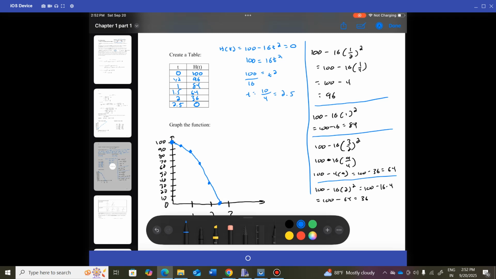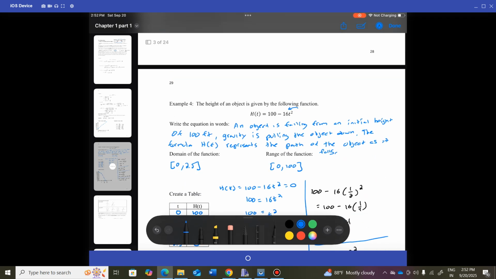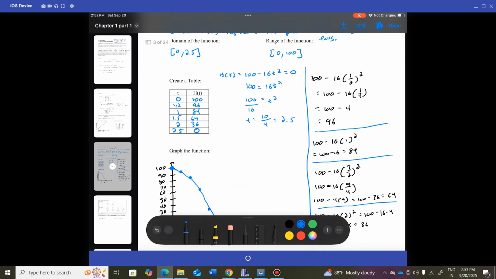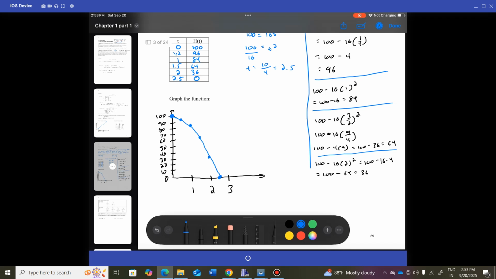Right. Now, this equation is a quadratic. It has a t squared as the power, and that's its highest power. So having that curve is important to understand that that's part of it being a quadratic. So this is a part of a quadratic.